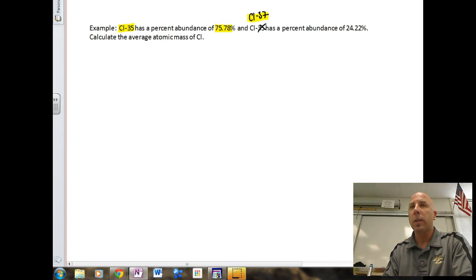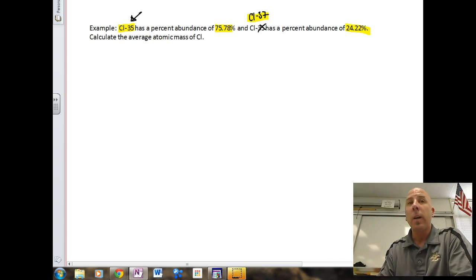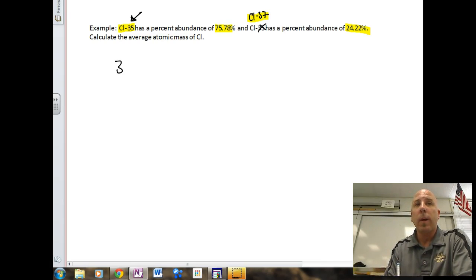So just to take a look at this real quickly, we're going to take our mass of chlorine 35. Now, if they gave us the mass, like let's say 35.421 or something like that, we would go ahead and use that value. In this problem, they did not give us that, so we're just going to use 35. And we're going to take that mass and multiply it by its percent abundance.